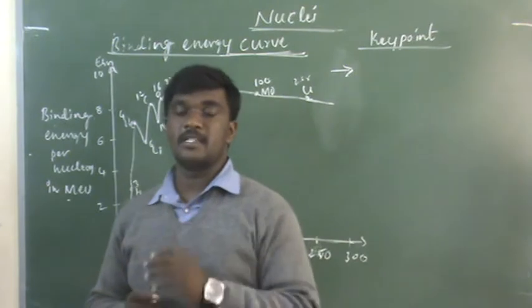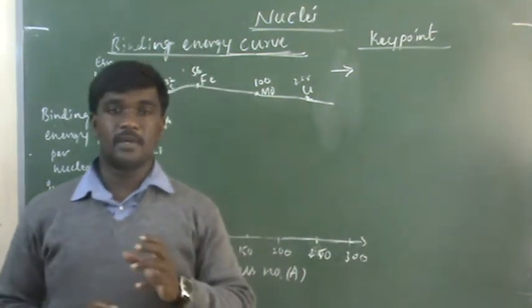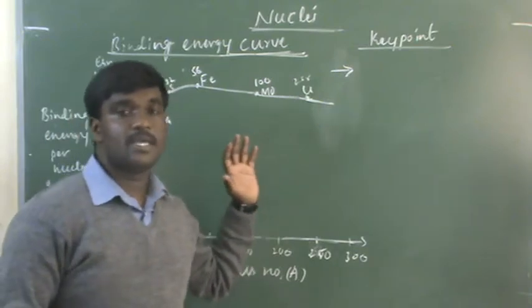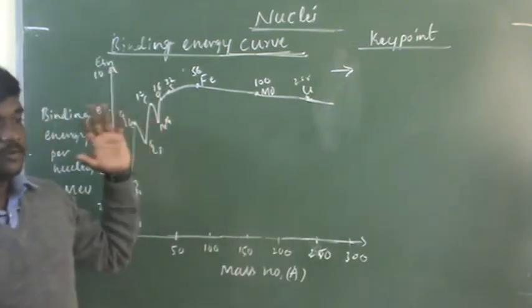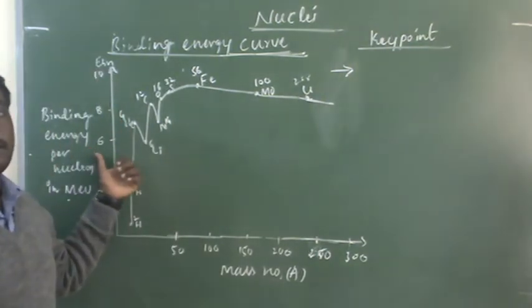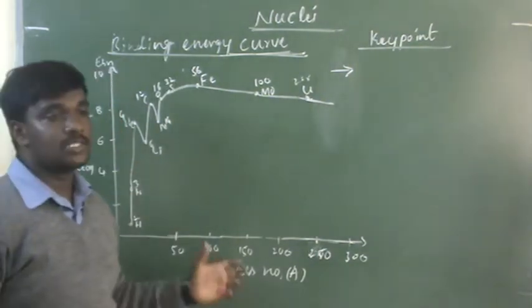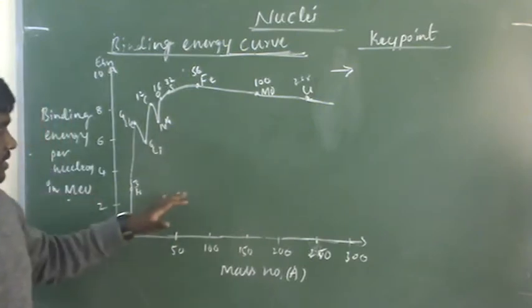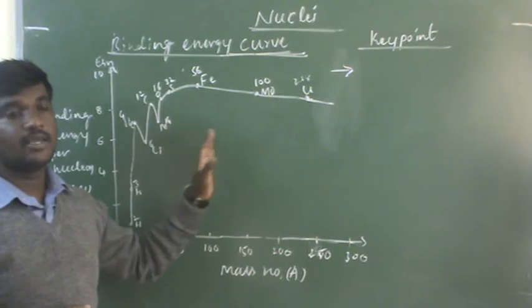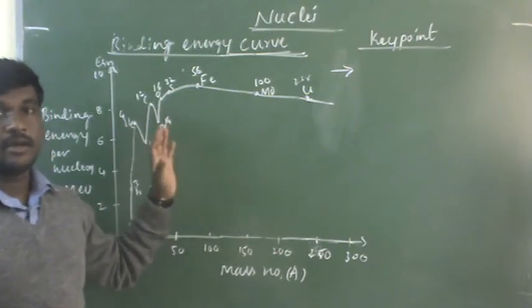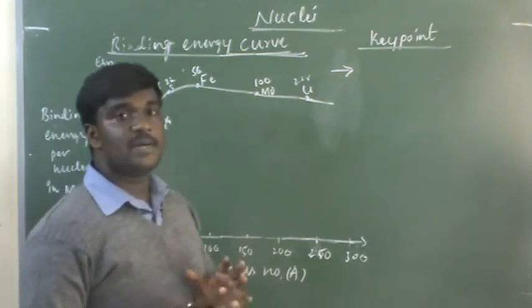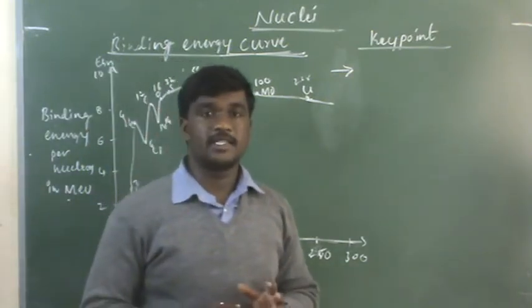Binding energy curve represents the binding energy per nucleon versus mass number. Already you studied in the previous class what binding energy per nucleon is. So in this curve some important key points are there.